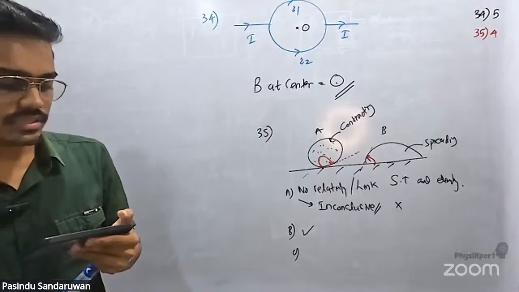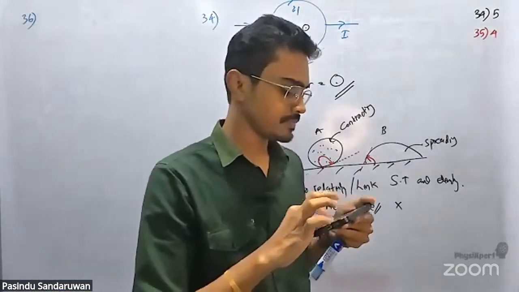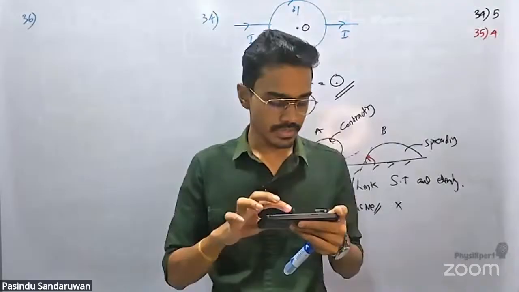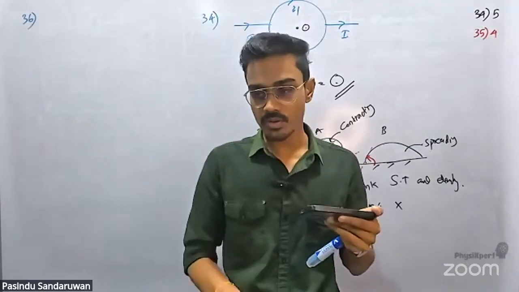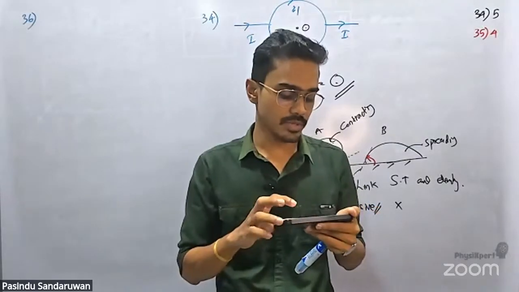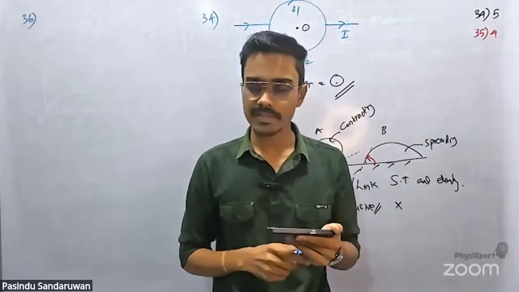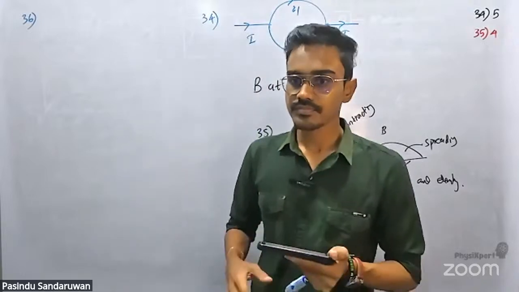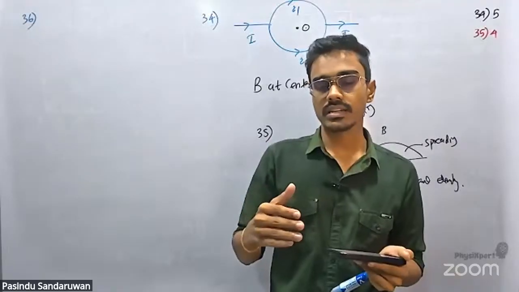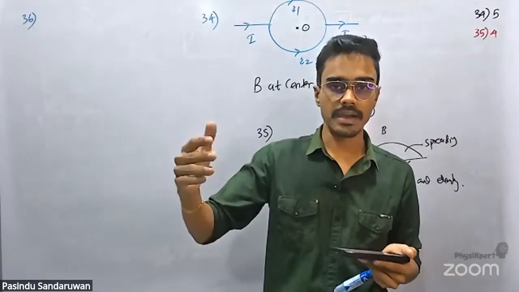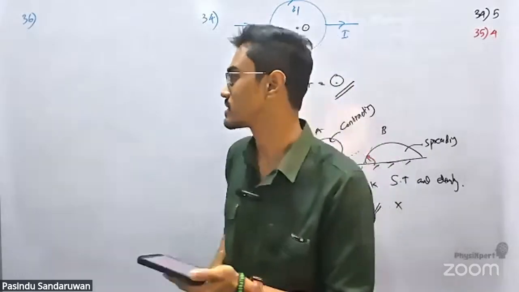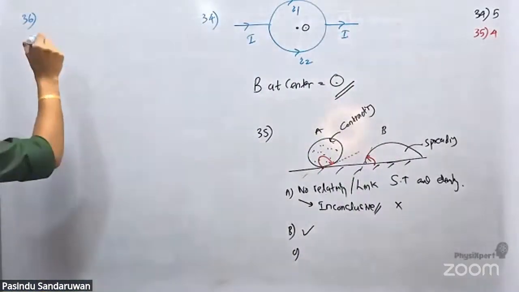I explained simple harmonic motion before as well. So we know displacement starts from 0, goes to amplitude, and comes back to the center like this. This is simple harmonic motion, SHM.